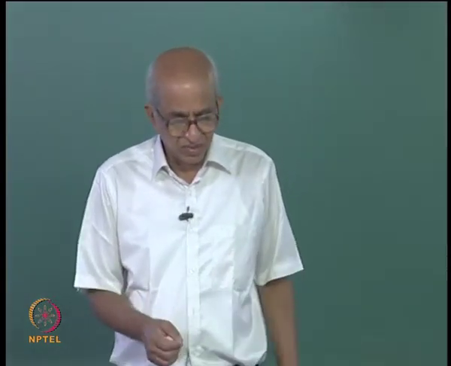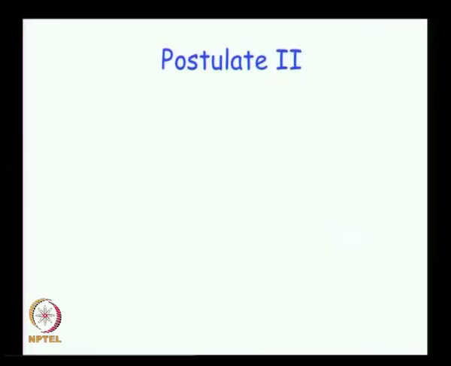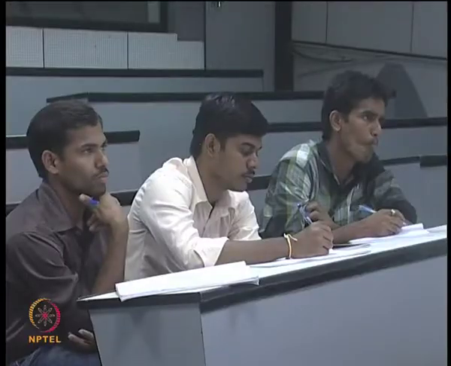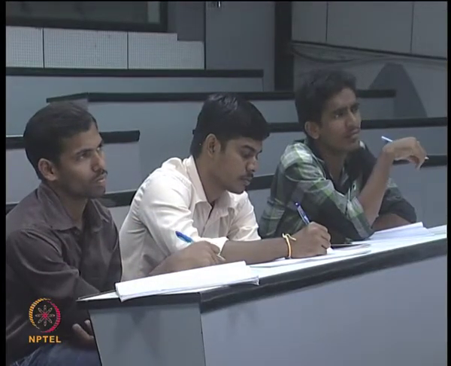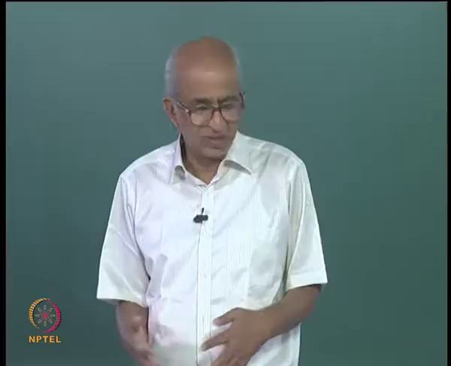So, now we come to the second postulate. The second postulate is concerned with observables, because after all, in a lab, we make observations. Suppose I make a measurement on a quantum system, what would be the result? That is the matter of postulates 2 and 3.